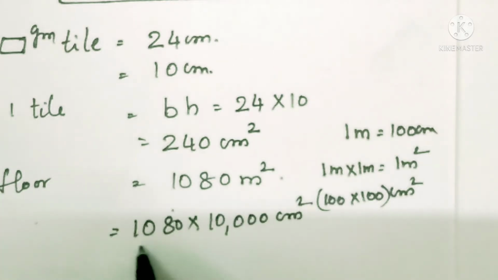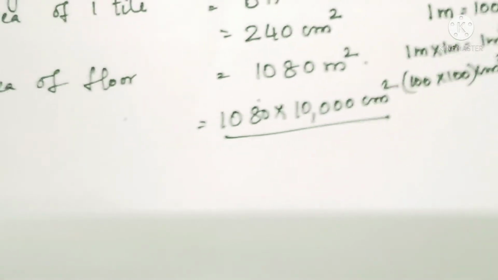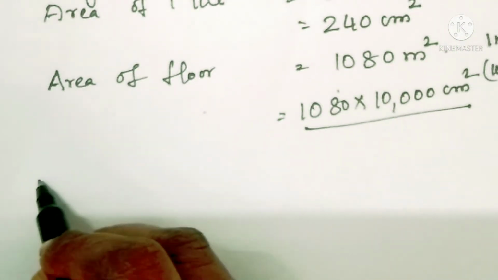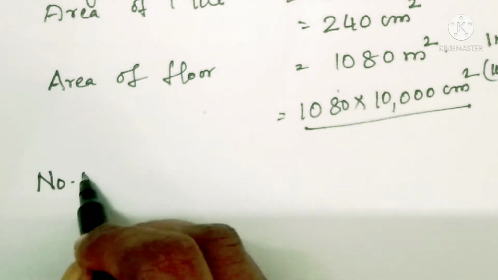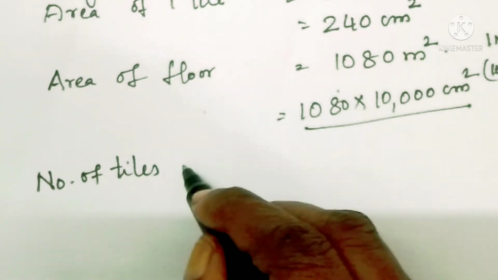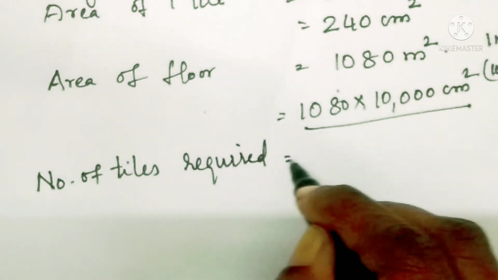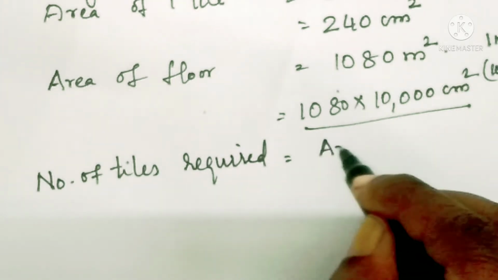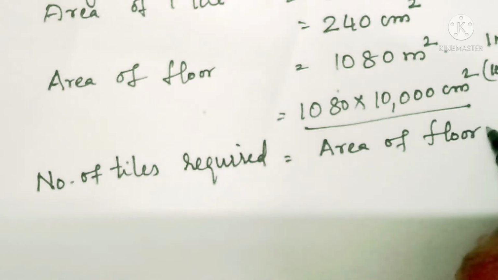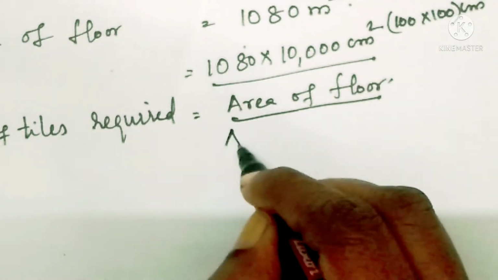centimeter square. Now you don't have to multiply it because we are going to divide it by the area of one tile. Now how to find the number of tiles required? Number of tiles required is equal to area of floor divided by area of one tile.